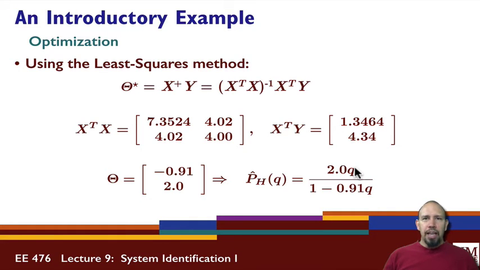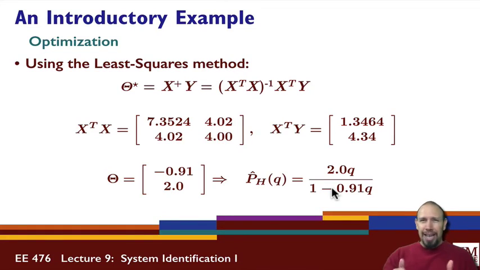So we have taken experimental data, we have applied it using the hypothesis, and now we obtained a parameter, we optimized the parameters of our model, and so this is the model that we obtain from the process that we've done so far. So we now have a tool for obtaining a transfer function from data.